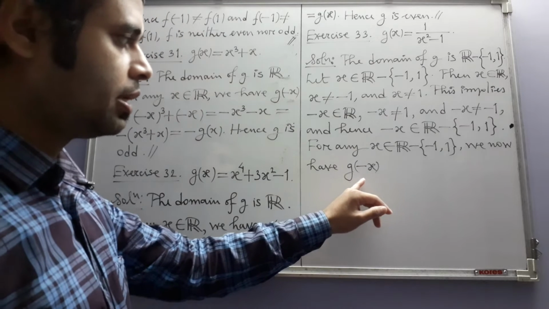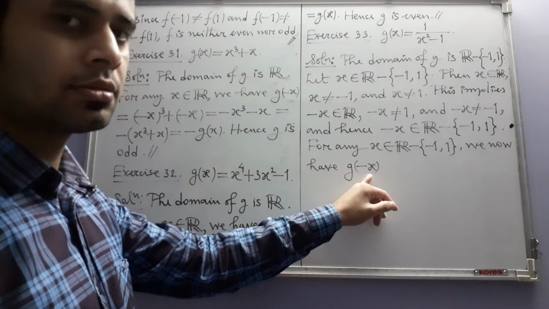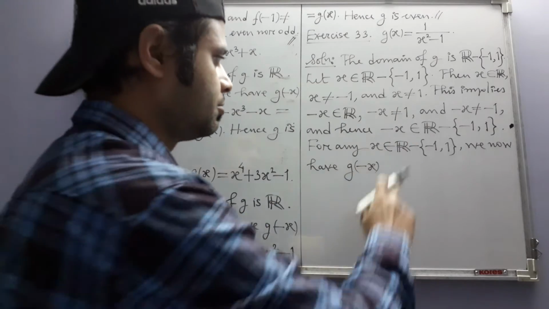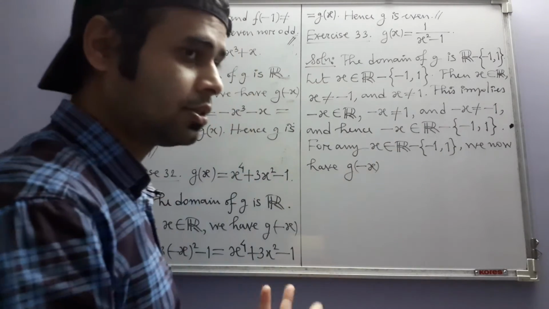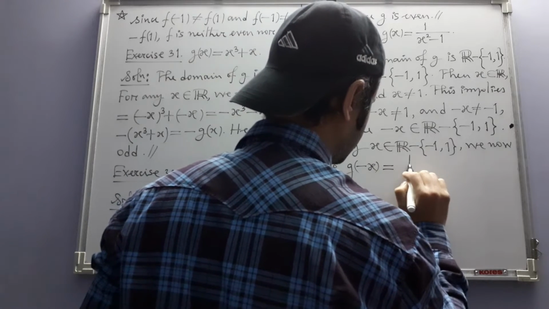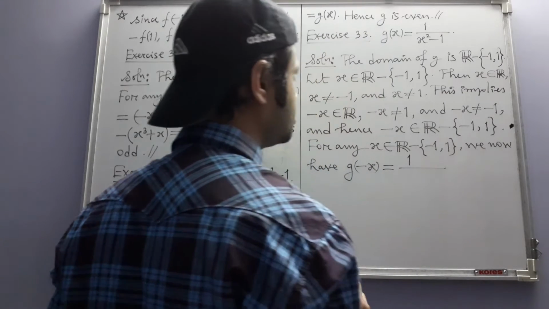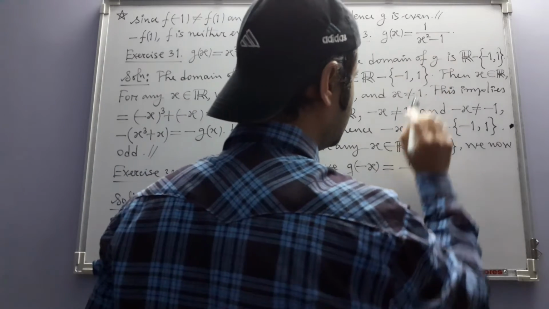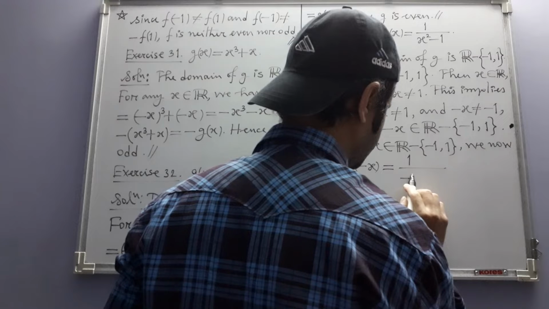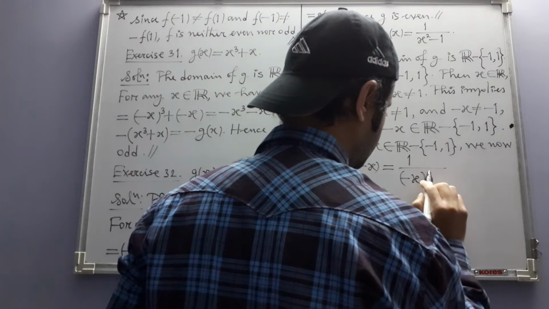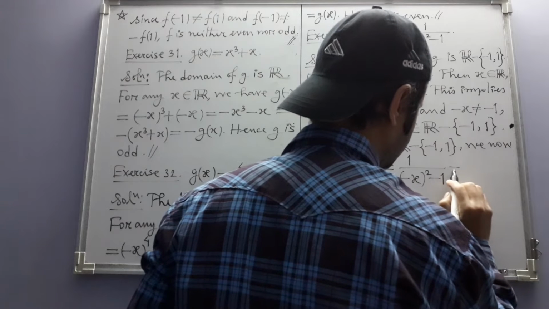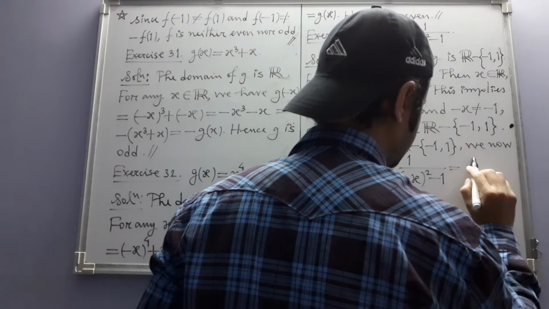Now there is no danger in writing this thing because minus x also belongs to the domain of G, so G of minus x makes sense, and this is going to be, again you see, because even exponent is involved, so the function is, you can guess it will be even, and in fact that is the case.